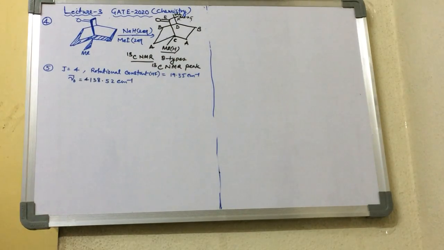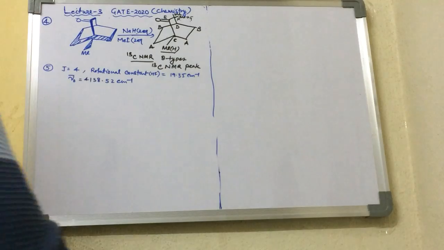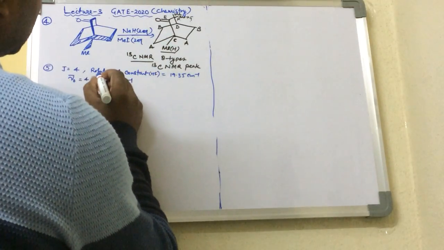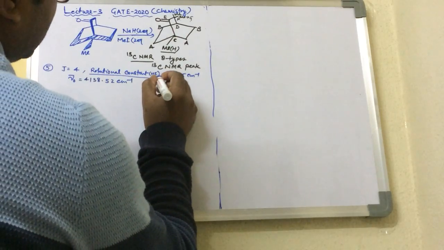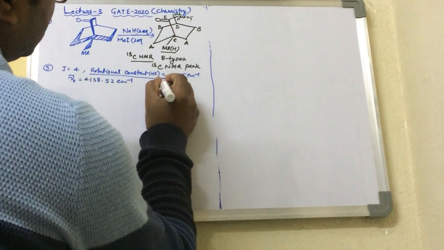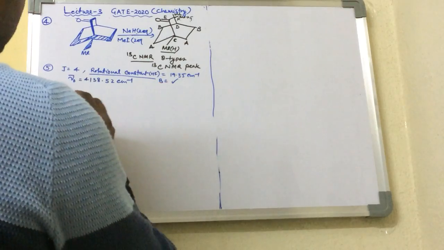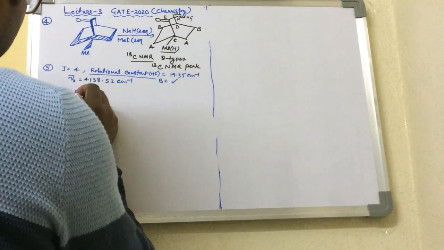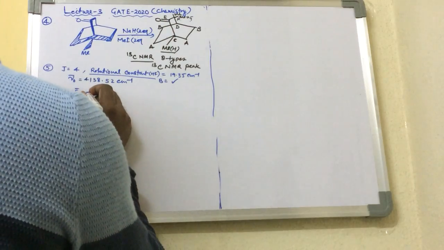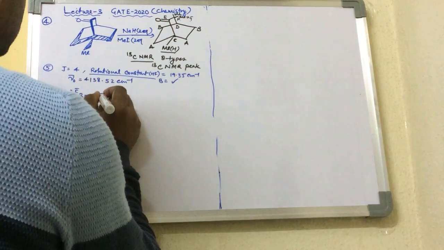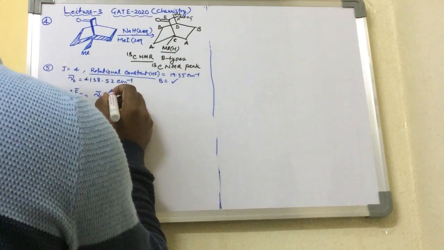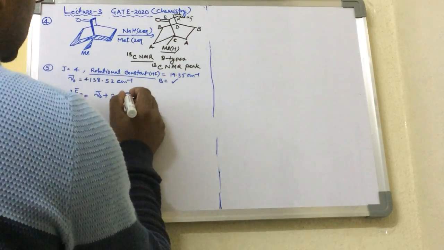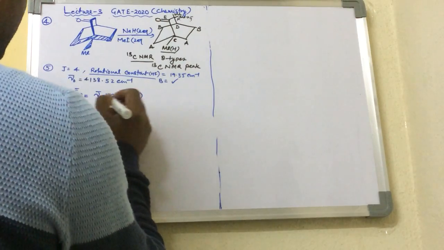Simply we apply the formula. So this rotational constant is basically B. Okay, so B is given this. So actually we know the formula delta E R is equal to nu 0 plus 2B (J plus 1).